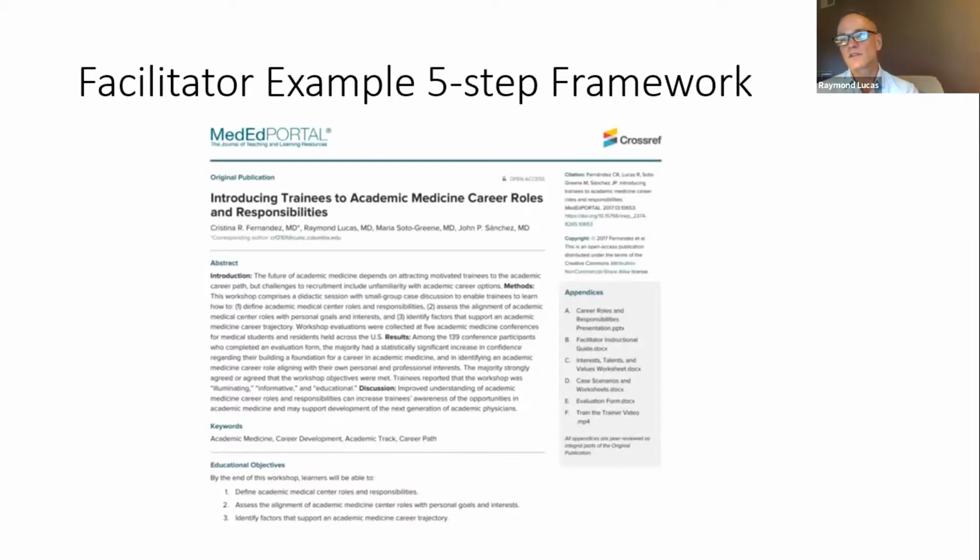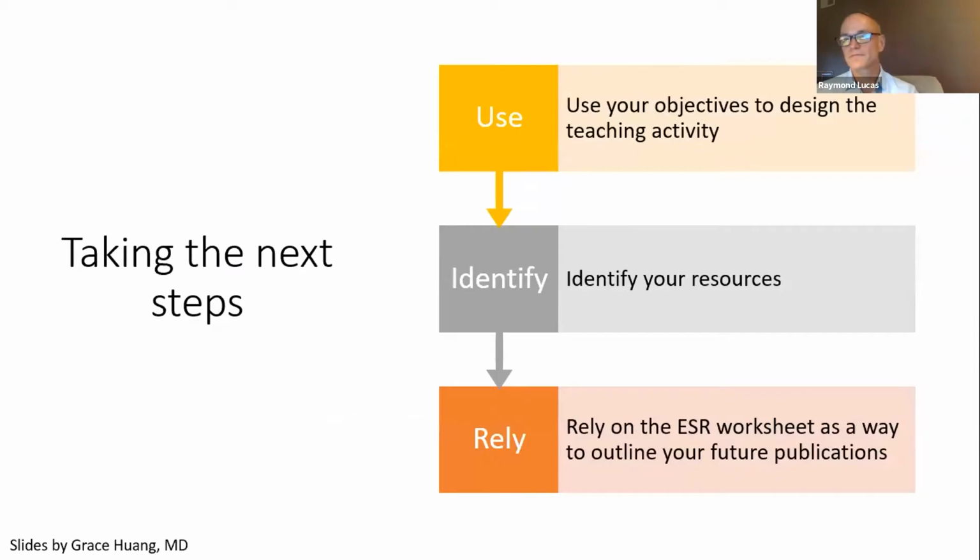Those activities really hit on the assess type of learning objective. And then lastly, we evaluated it with workshop surveys before and after that we tied to these learning objectives. So those are two examples of what we did.